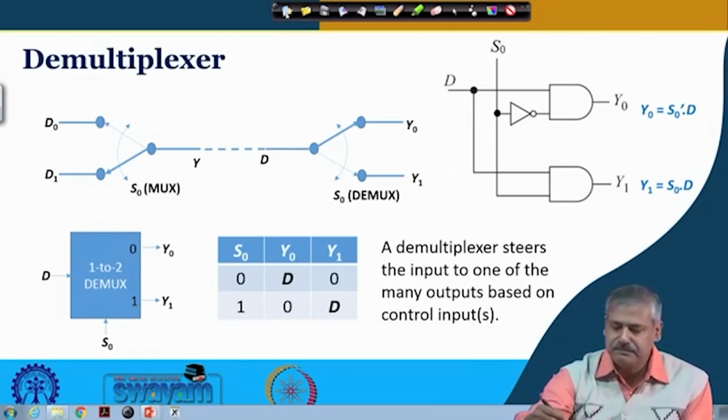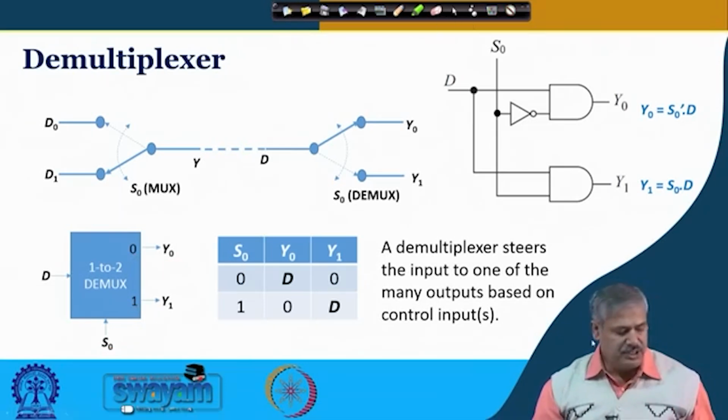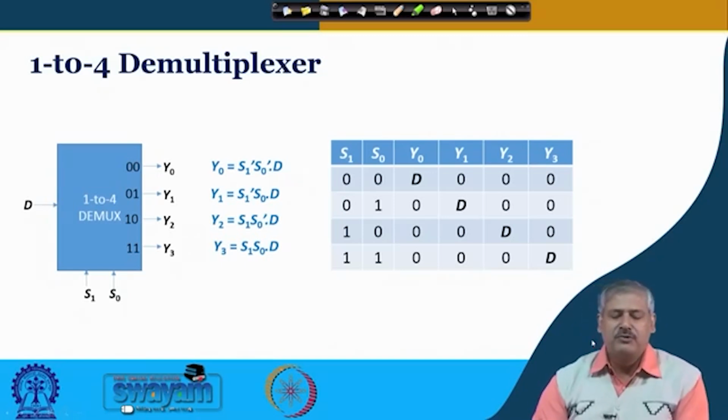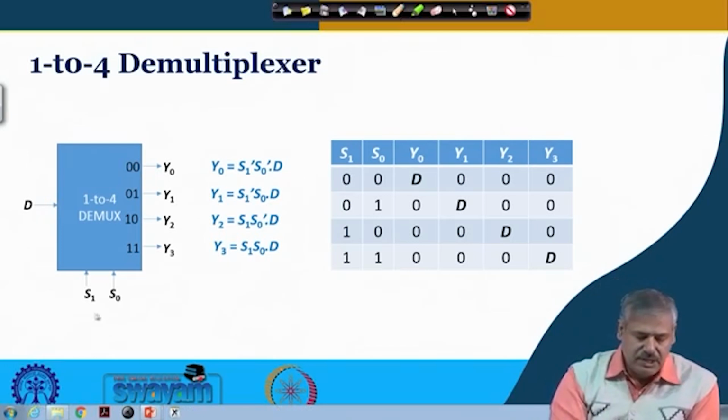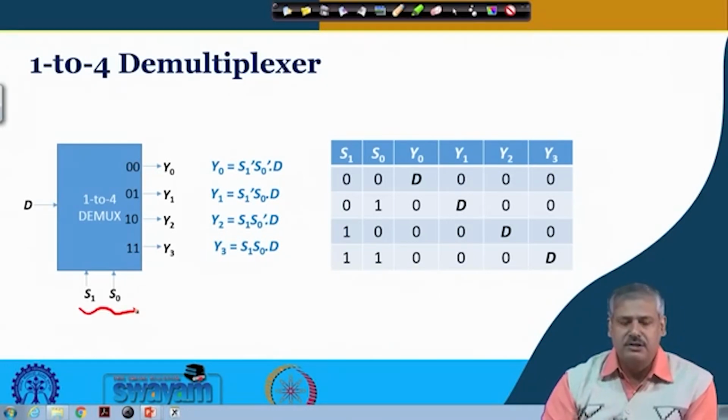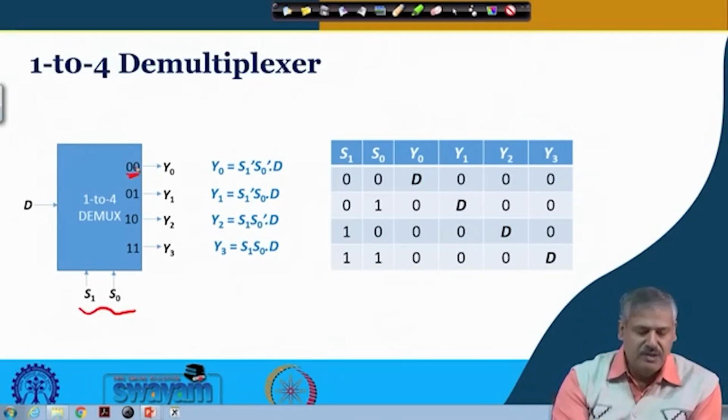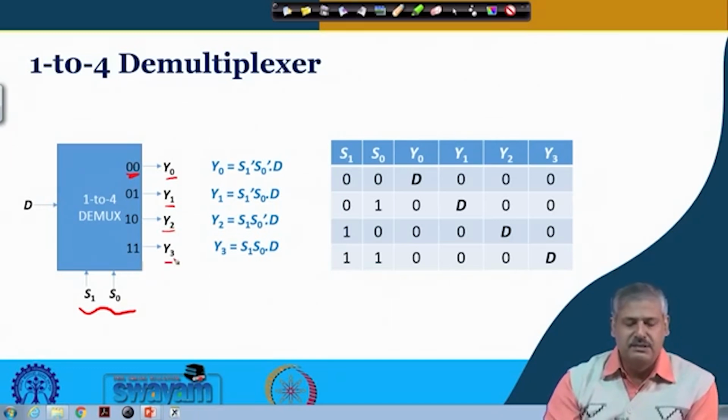This is clear. So, we extend it to a 1 to 4 demultiplexer. There will be two select inputs S1 and S0. When they are 0 0, data is going to Y0, 0 1 to Y1, 1 0 to Y2 and 1 1 to Y3.